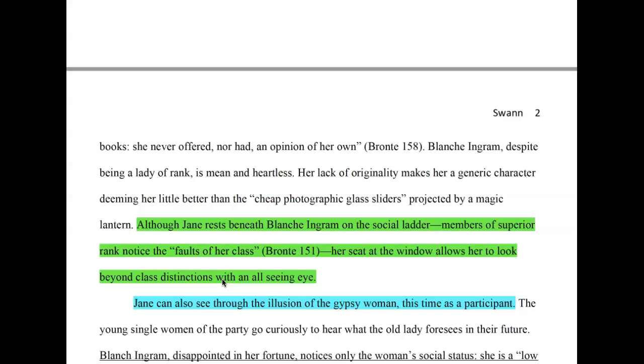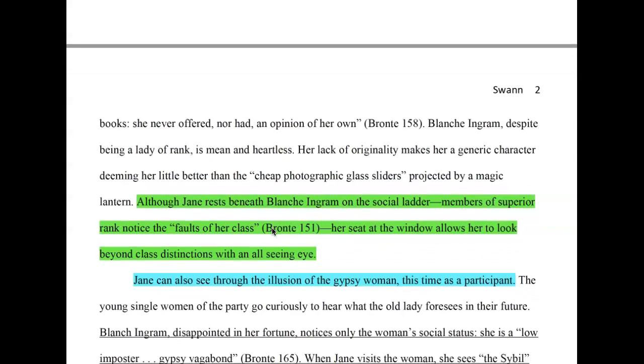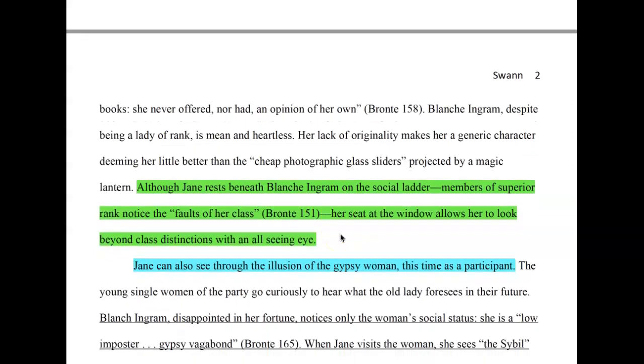And my so what was that social distinctions are unfair and that Jane has this superior view of people. So although Jane rests beneath Blanche Ingram on the social ladder, members of superior rank notice the faults of her class. Jane's seat at the window allows her to look beyond class distinctions with an all-seeing eye. So that connects back to my thesis statement.